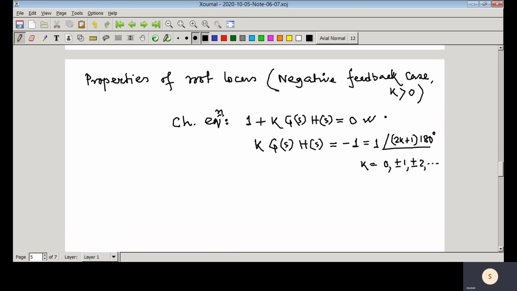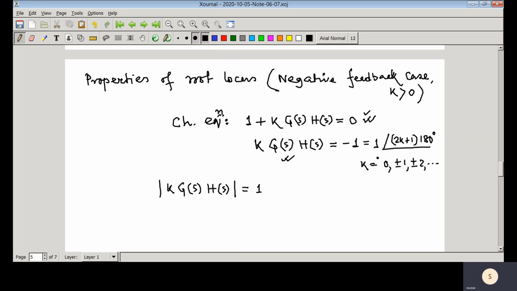So whenever the characteristic equation is like that, we can write k G(s)H(s) equal to -1, which is equivalently in polar form 1 into this. From here you will get two conditions. One condition is the magnitude: if you take the gain, the magnitude of k G(s)H(s) would be equal to 1.